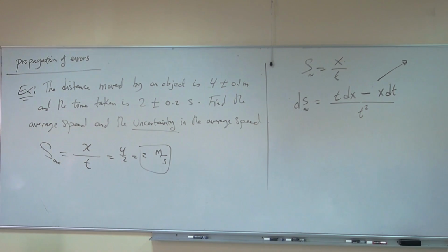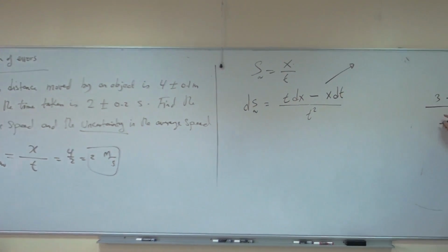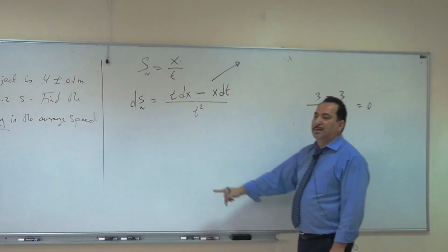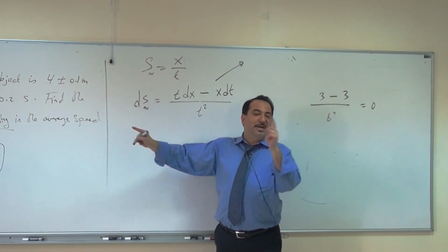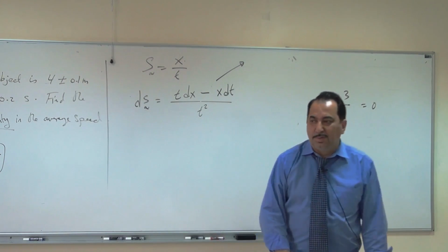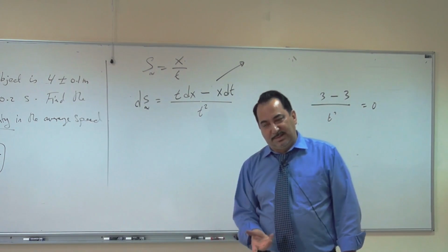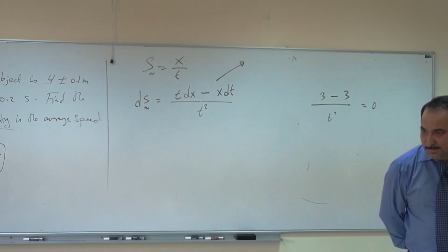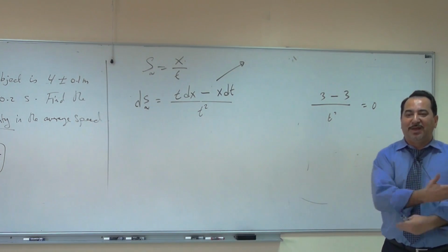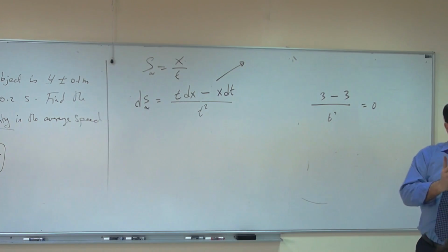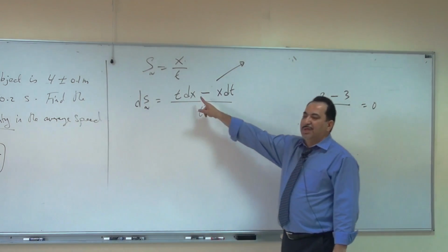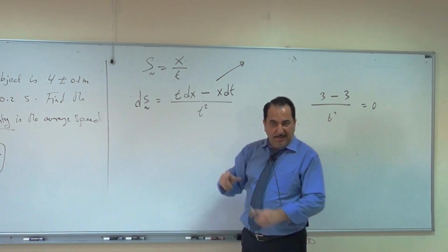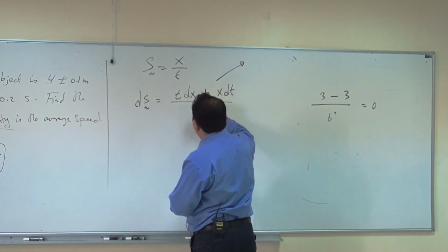So what you'll have is 3 minus 3 over T squared. What's the answer? 0. Which means that there is no error in the average speed. Is that possible? You have errors in the distance, and you have errors in the time. When you combine them, there is no error. There is no such thing as canceling the errors. So to avoid this problem, you have to change the minus to plus. Got it? So there is no minus. You change it to plus.